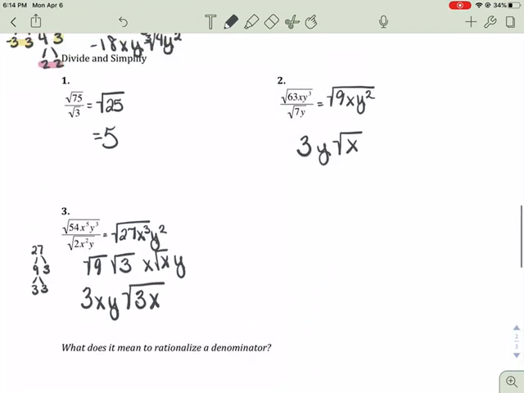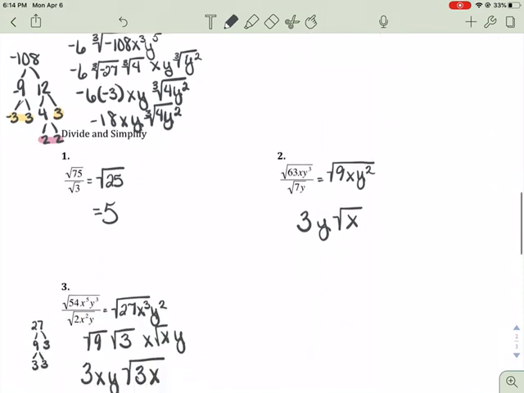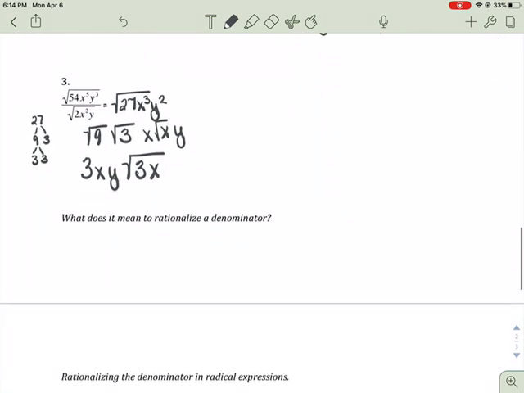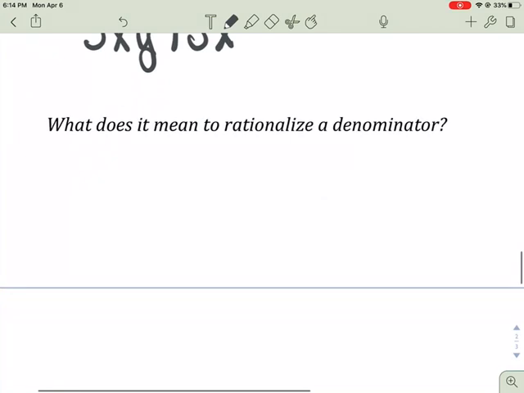All right, so we should be okay on our multiplying and simple dividing. The problem is that when we do division and we still have a radical on the bottom of the fraction. All right, so what does it mean to rationalize the denominator?